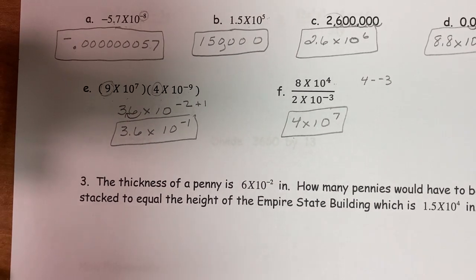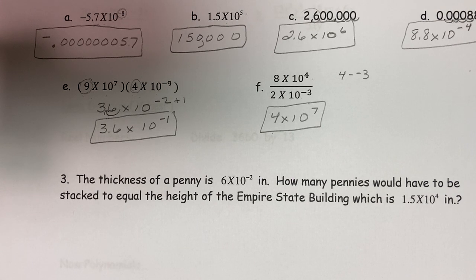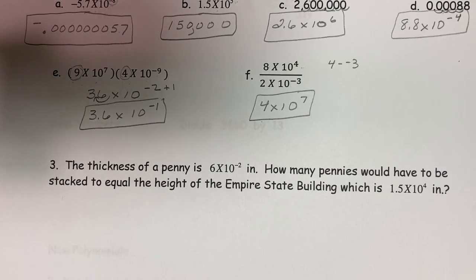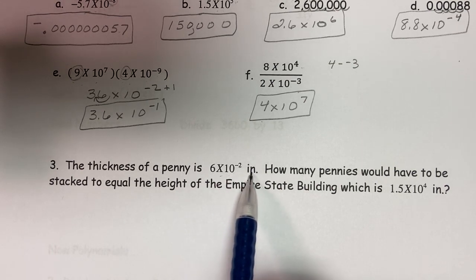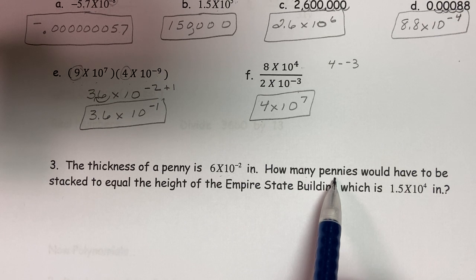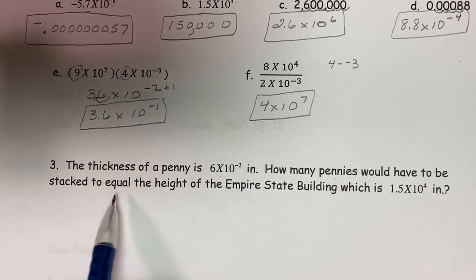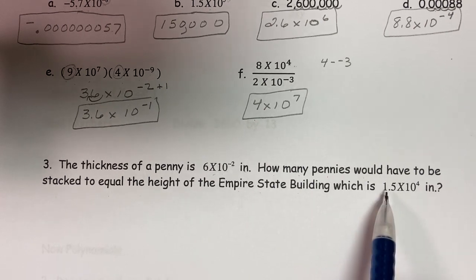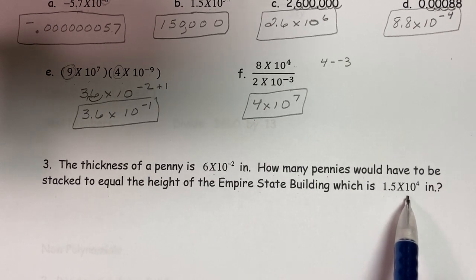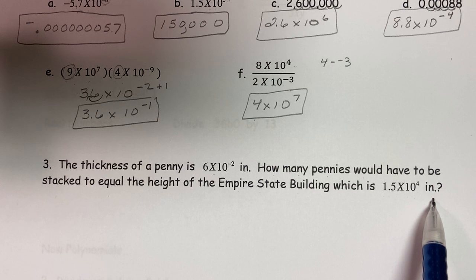All right, let's look at the two story problems. They're not going to be that difficult, so don't panic when you see all the words. So the thickness of a penny is 6 times 10 to the negative 2 inches. How many pennies would have to be stacked to equal the height of the Empire State Building, which is 1.5 times 10 to the 4th inches?